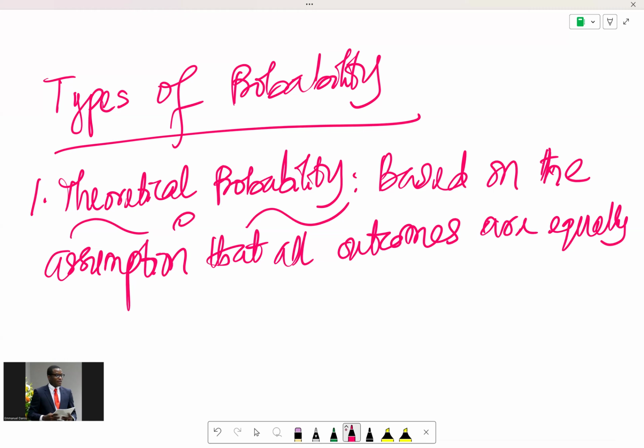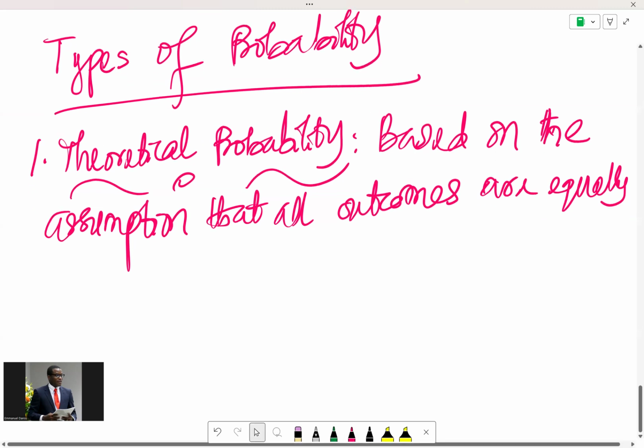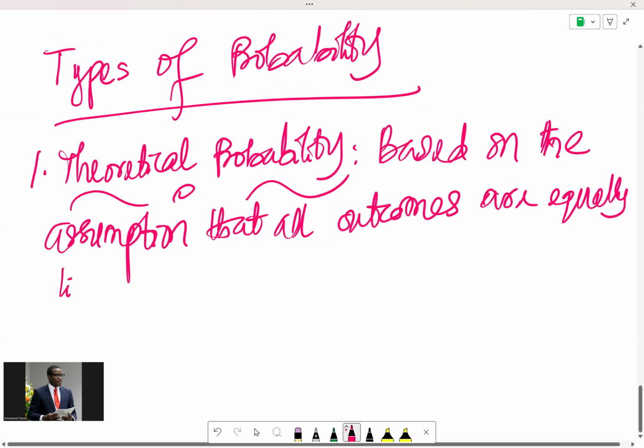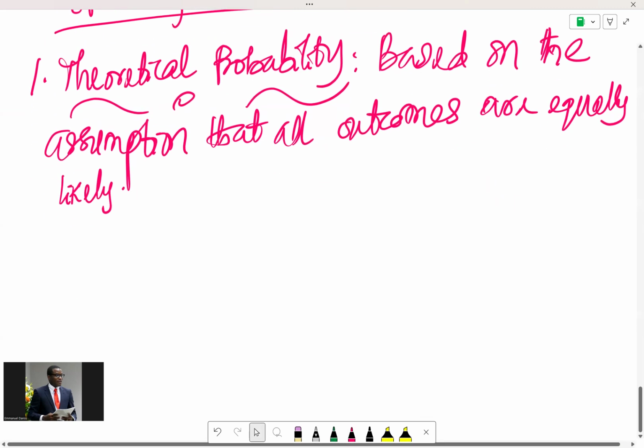But what if the die is unfair? Maybe in a gambling game, someone tries to manipulate the die, so you can't be guaranteed of having 1, 2, 3, 4, 5, 6 like that. So theoretical probability is based on the assumption that all outcomes are equally likely.